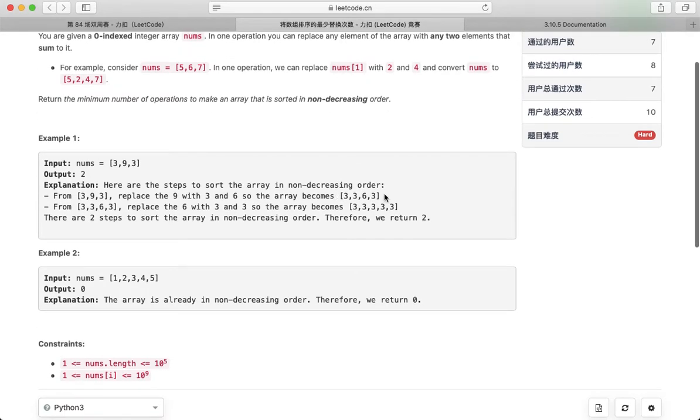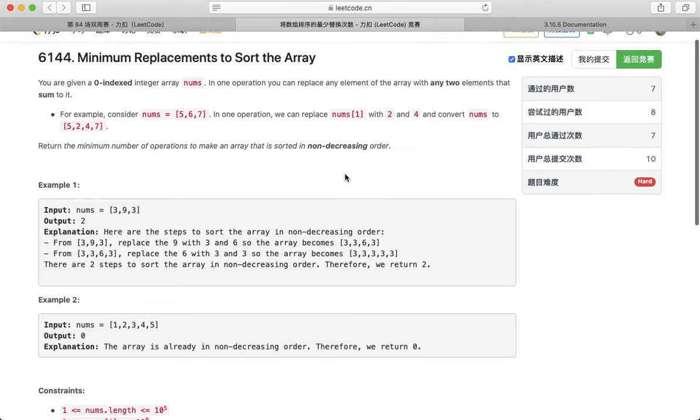And when we go to a certain number, we suppose that everything we've seen already is fixed, is done. That's the invariant of our algorithm. And then for the next number, we want to break it into even parts. Unless breaking it into even parts will take more.